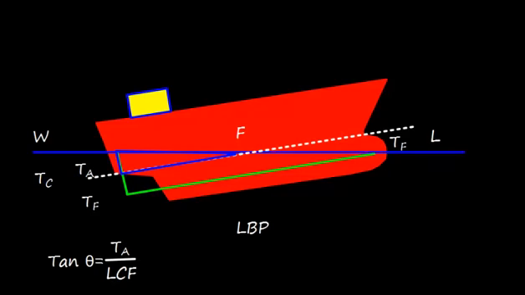Now similarly, let us consider another triangle. Say this was F, the center of flotation, and let us consider this small triangle, and this distance is LCF. Well, LCF means longitudinal center of flotation from the aft perpendicular, and this is TA, the change in the draft aft because of shifting.